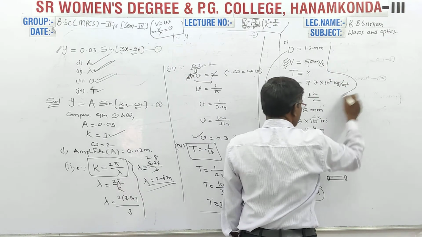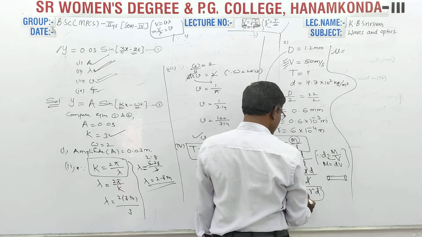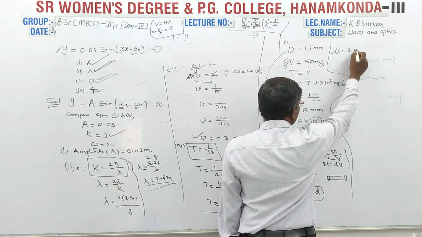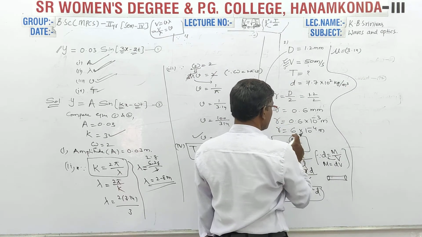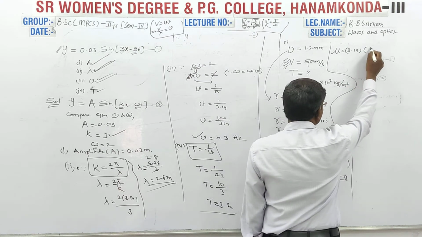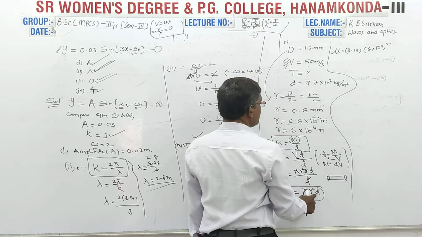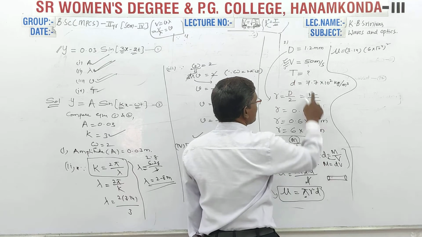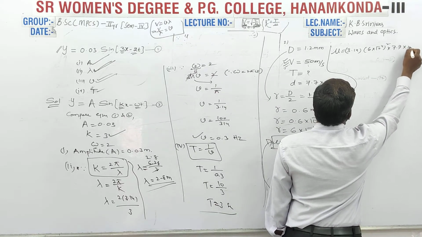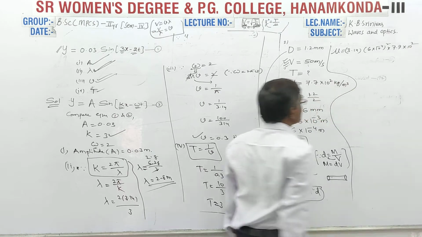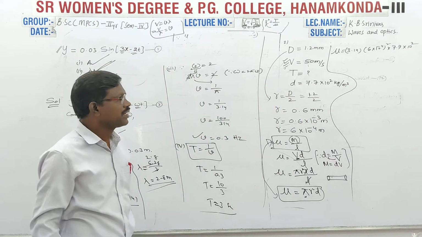See, mu is equal to pi r square d. Pi value means 3.14. r means radius. Just now I have calculated 6 into 10 to the power of minus 4 whole square, into density. Density of the wire, that is 7.7 into 10 to the power of 2. So from this you can calculate the mu value directly.